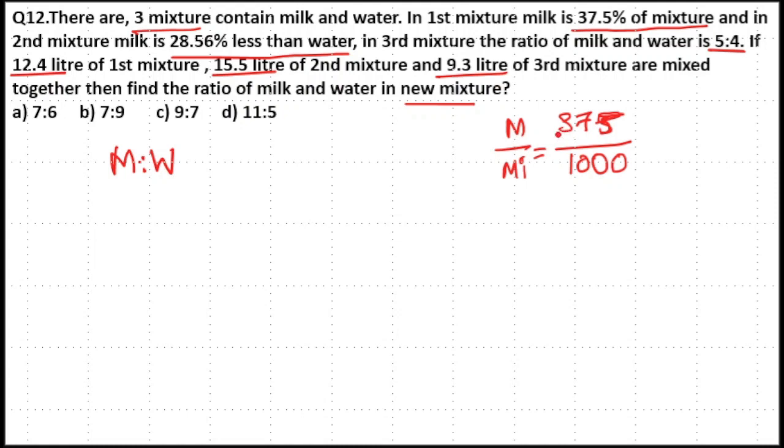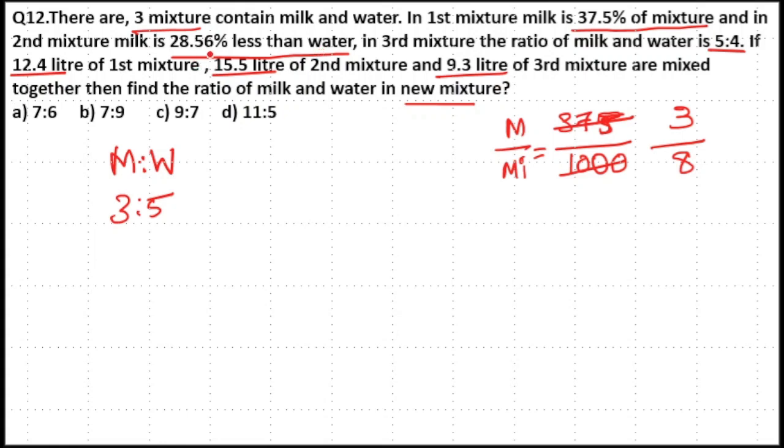So 125 into 3 is equal to 375. 125 into 8 is equal to 1000. So if mixture is 8 parts, milk will be 3 parts. That means water will be 8 minus 3, 5 parts. So milk to water ratio will be 3:5.